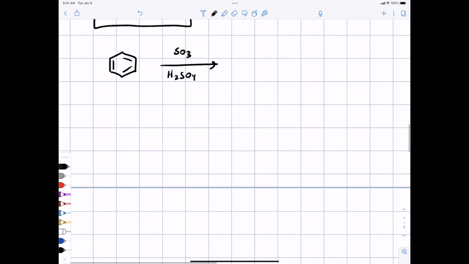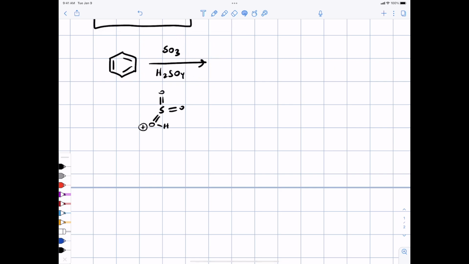Your electrophile is the protonated version of SO3. By the way, don't worry at all about sulfur having more than 4 bonds. Atoms that are lower than the second row of the periodic table are large enough to accommodate more than 4 bonds.